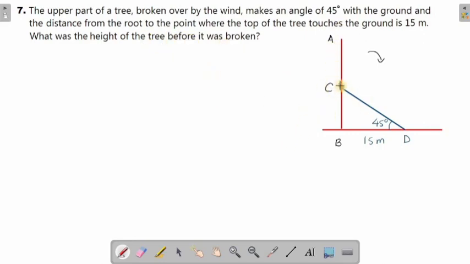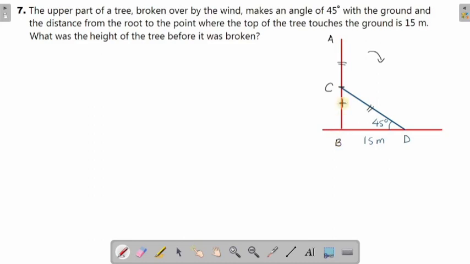Now remember this AC and this CD will be equal. Obviously, isn't it? Because CD and AC are the same part of the tree, so they are going to be equal. That is what you need to keep in mind.